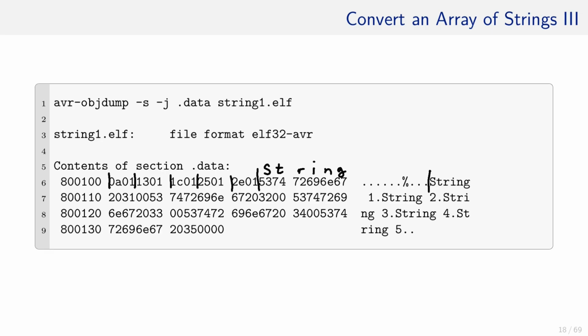We must not forget that strings are always terminated by the null terminator, which is for instance here. And here it begins again with STRING, I, N, and so on, terminated by a null terminator.